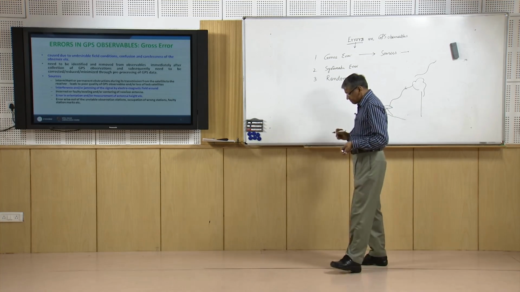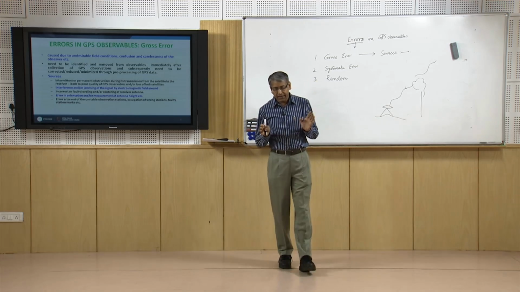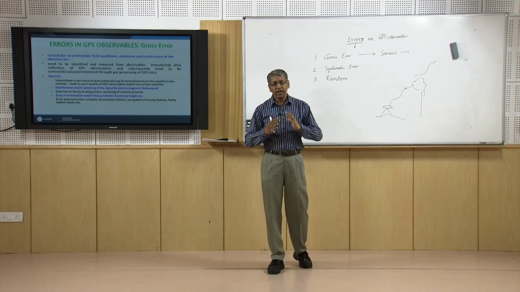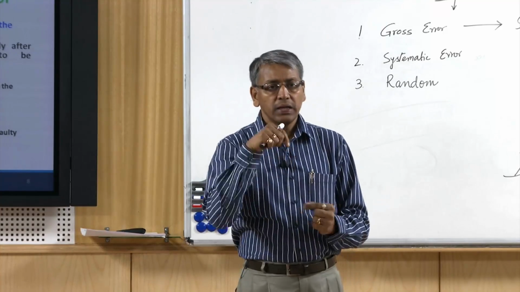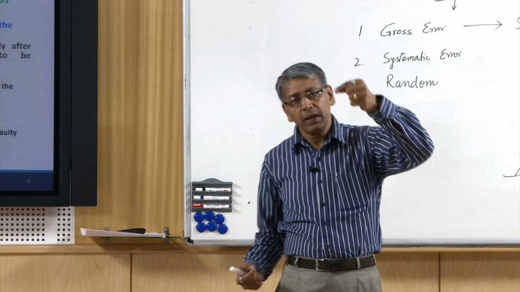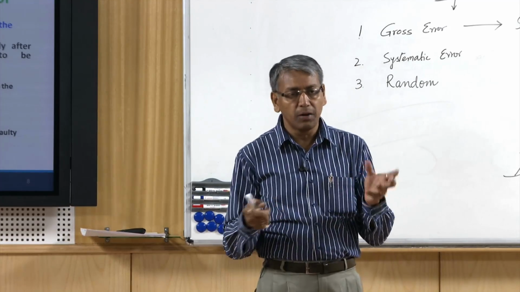Apart from that, the observer may not take care to set up the instrument exactly on the station, or it may not be leveled properly, or measurements like height of instrument may not be taken properly.